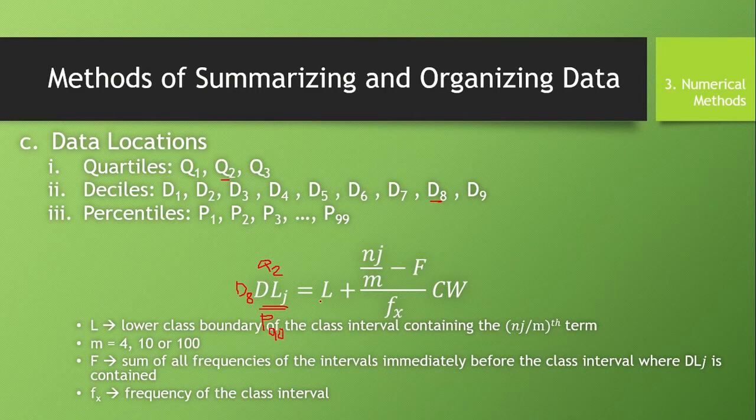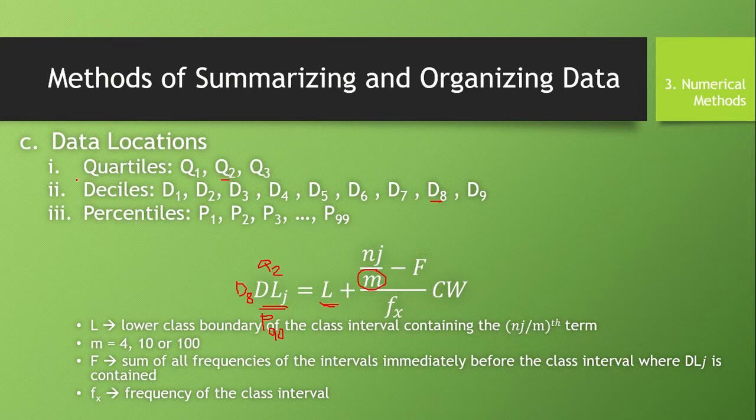Your L refers to the lower class boundary of the class interval containing Nj over M's term. So therefore, this formula here can be used for grouped data. So Nj over M's term, that's N, the sample size, times J divided by M. Now M here would depend on what type of data location you are going to get.